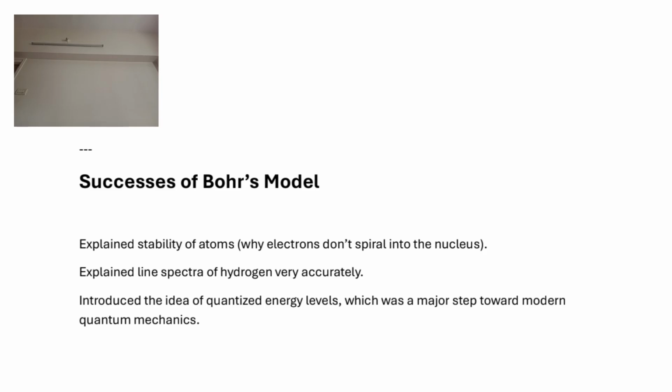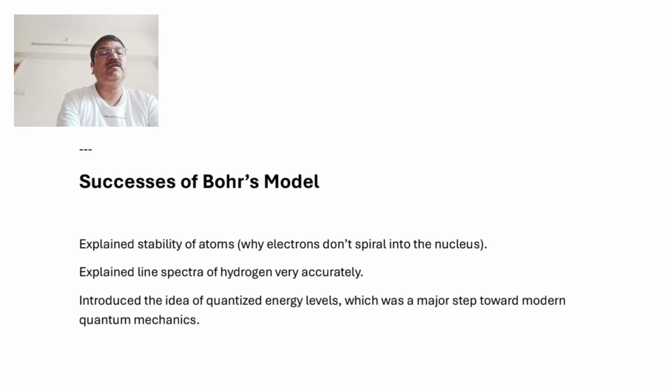Up till now, no one had explained this. Hydrogen is the smallest atom, and the line spectra of hydrogen is very accurately explained by this theory. So, this is the success story.